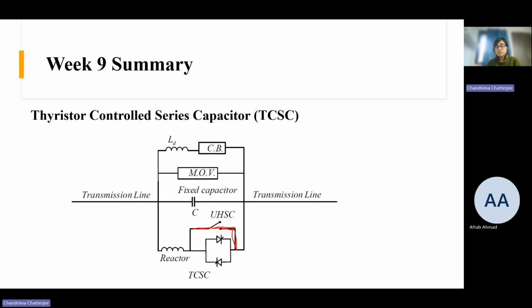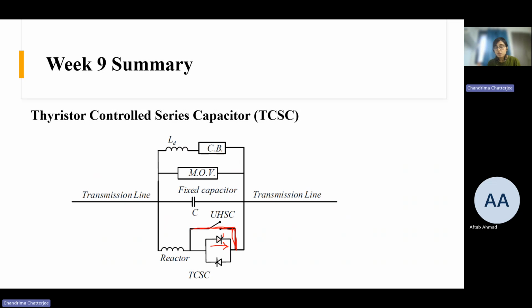Why is it required? Because suppose there is an operating condition where the thyristors are fully on. There is no variation of firing angle. The thyristors are fully on. In that case, if current flows through the devices, there will obviously be some loss incurred in the devices, because in practical devices, there will be some voltage drop across the device.